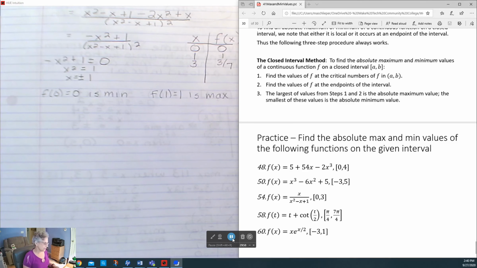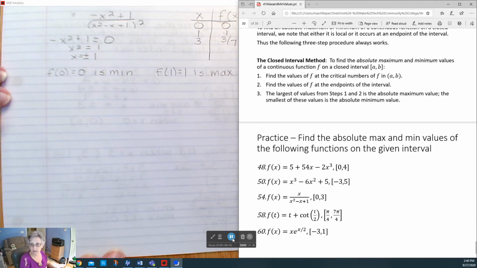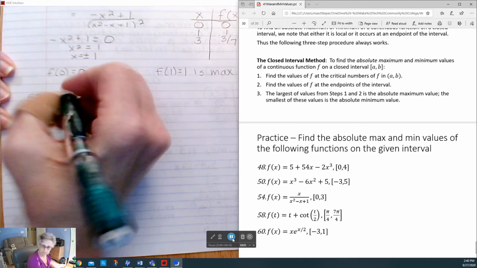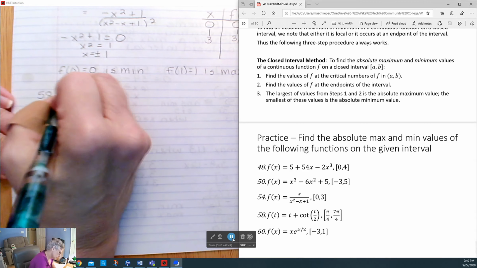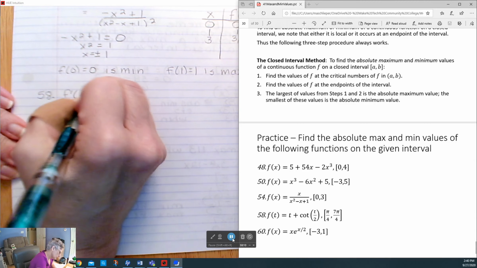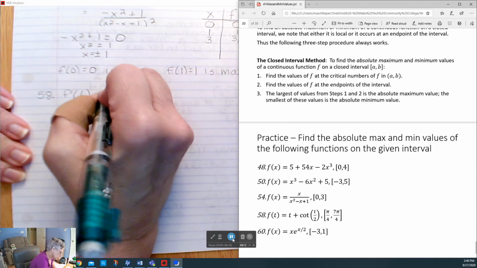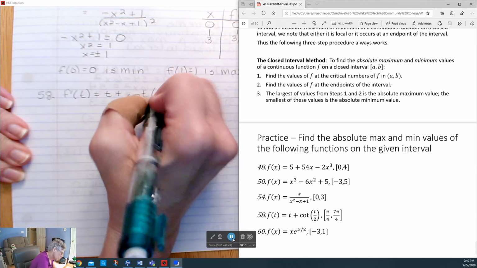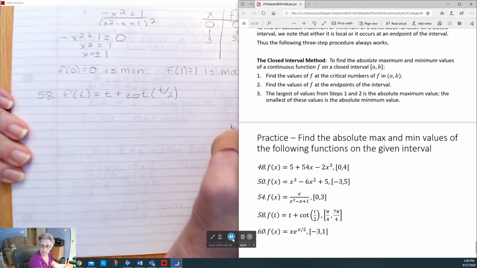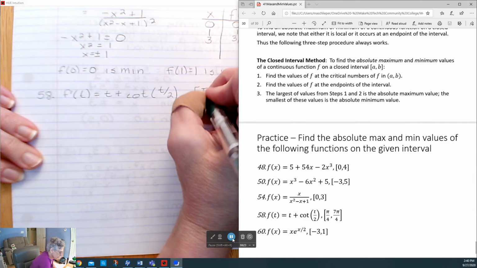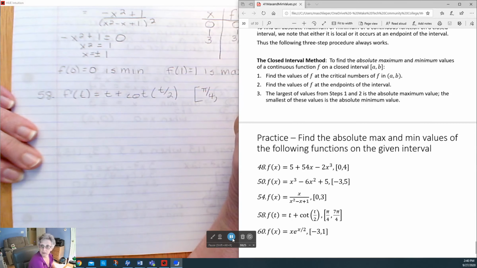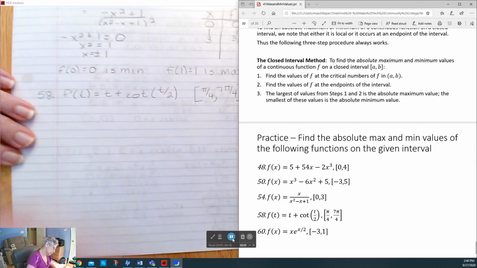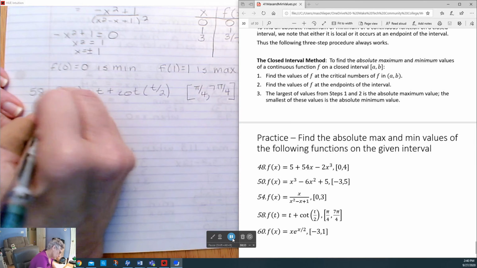Okay, I'll let you check your answers with those. Let's look at number 58. F of t is t plus cotangent of t over 2, and we're looking at this on the interval of pi over 4 to 7 pi over 4.